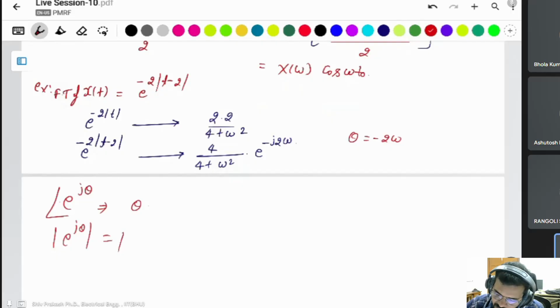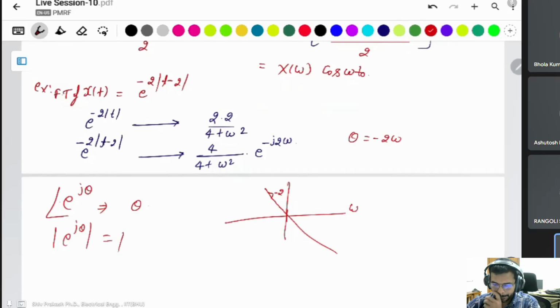That's why this will provide a minus 2 omega. If frequency changes, then this will provide the linear phase in your system. It will look like that, negative going like that, slope is minus 2. It means the time shifting property causes a linear phase in this type of system.